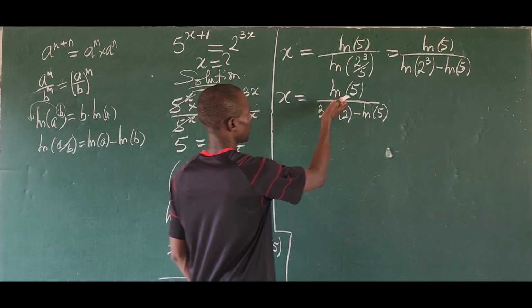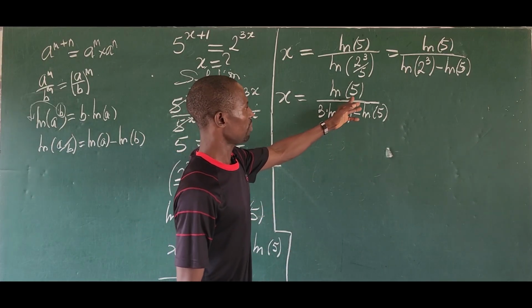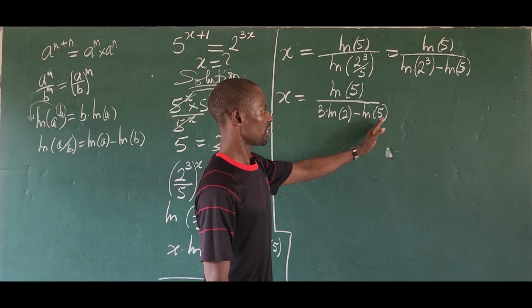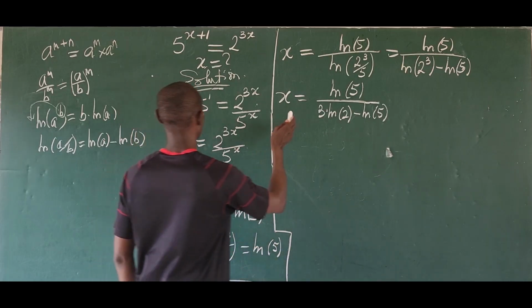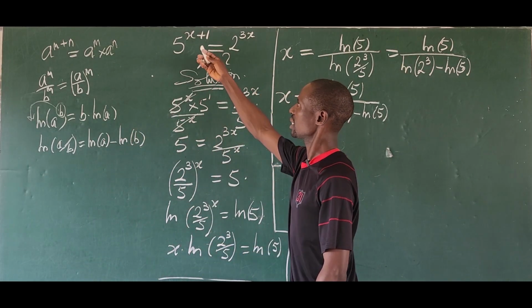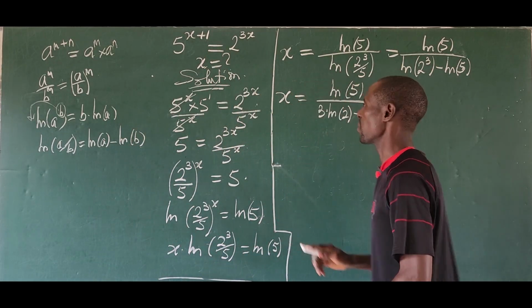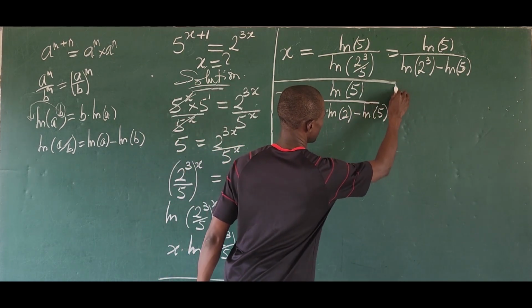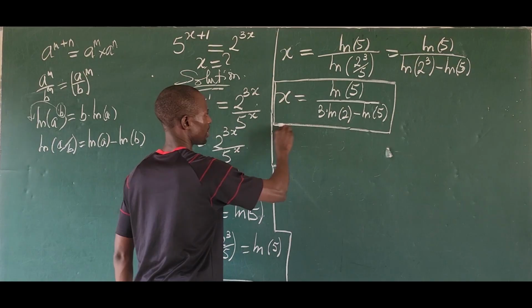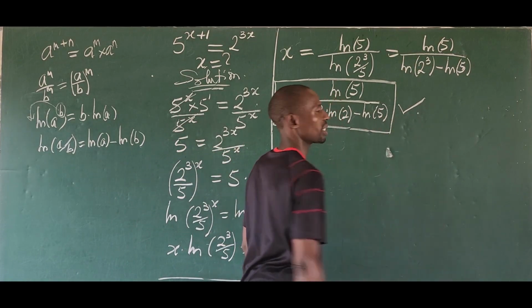Okay, so to get the numerical value, input this in your calculator. When you simplify, you have a numerical value. And when you put the numerical value into this system, that's going to give you an approximate answer. So this is the final answer to our challenge.